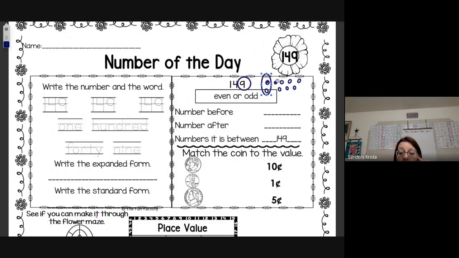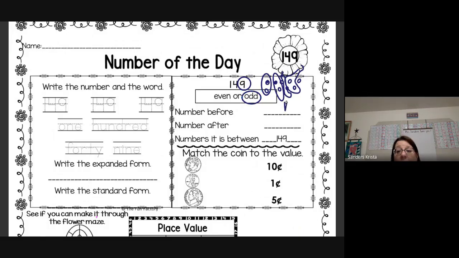So there's a partner, there's a partner, and there's a partner. And here is another partner. And there is one odd man out. So because he doesn't have a partner, my number is going to be odd.